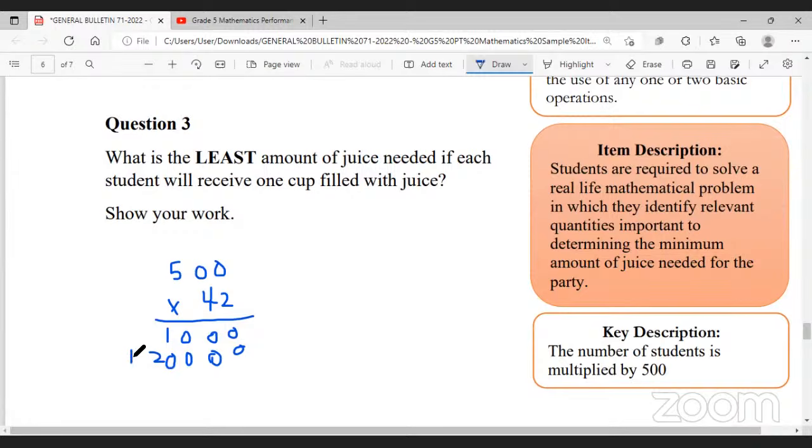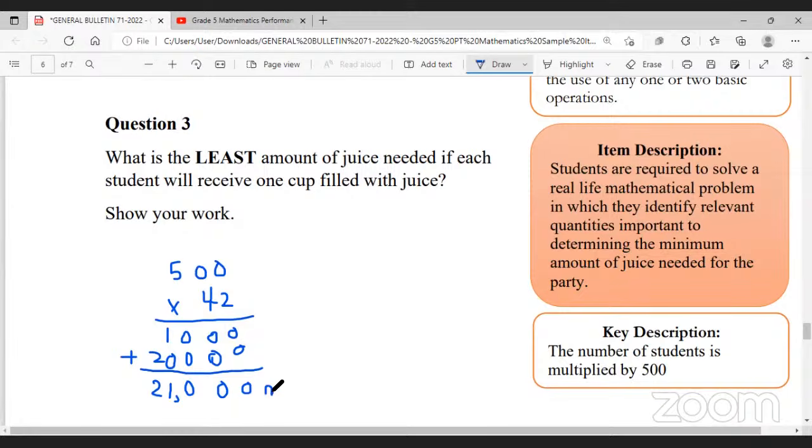We put our addition and draw the line. 0 plus 0, 0. 0 plus 0, 0. 0 plus 0, 0. 0 plus 1, 1. 2 plus nothing, 2.